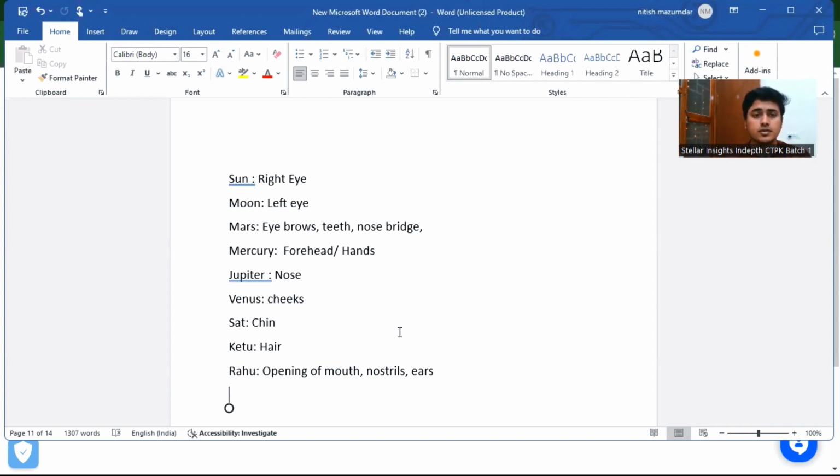This is very important. Okay. So today we'll do it till here only. You enjoy your Diwali, and next class we'll start doing Rashi. Okay.